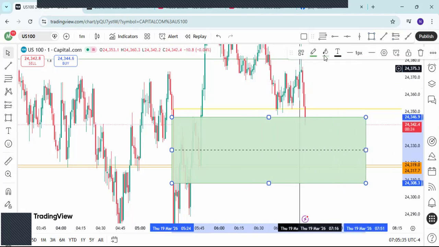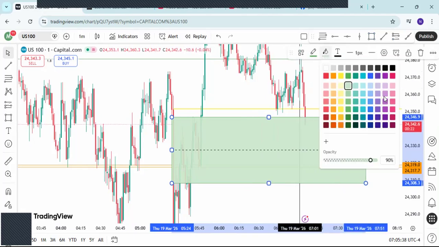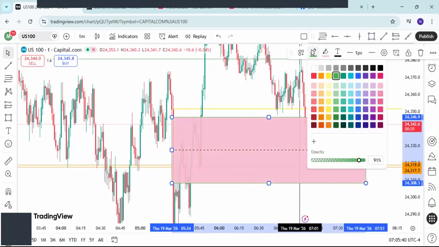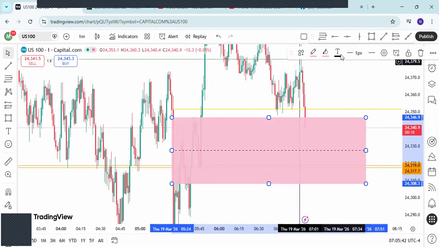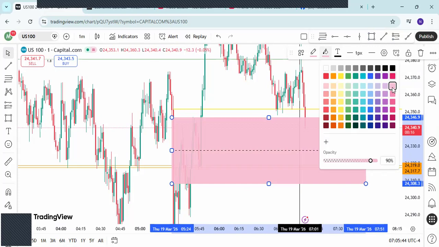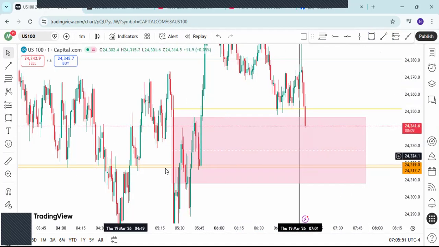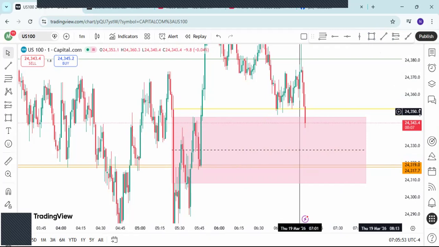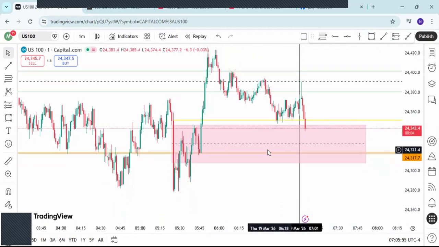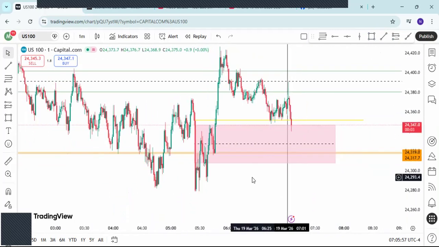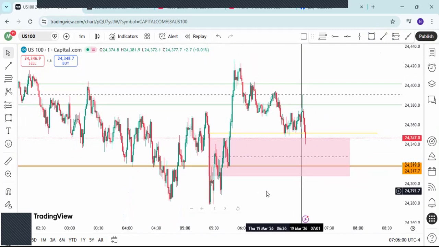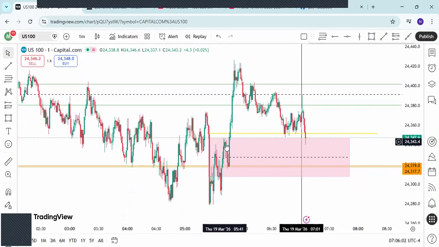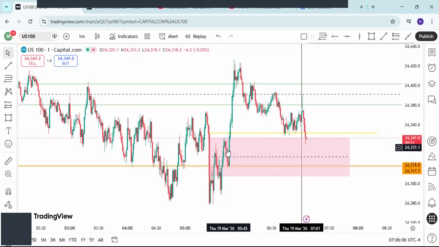Let's see. Now this is what I was gonna use to go long, right? So let's see, close that up. The block, the value gap there.